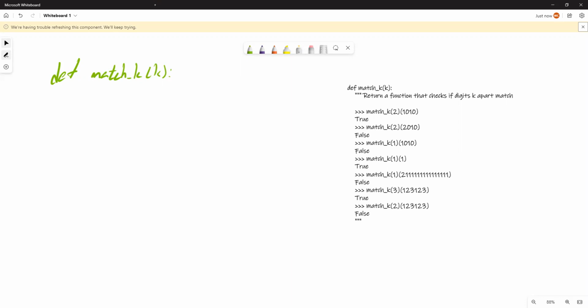The higher order function has an inner function, one or more inner functions. Or you can use the lambda function if you want. If you watch my previous query function video, you are still welcome to use the lambda. The lambda function works as well.